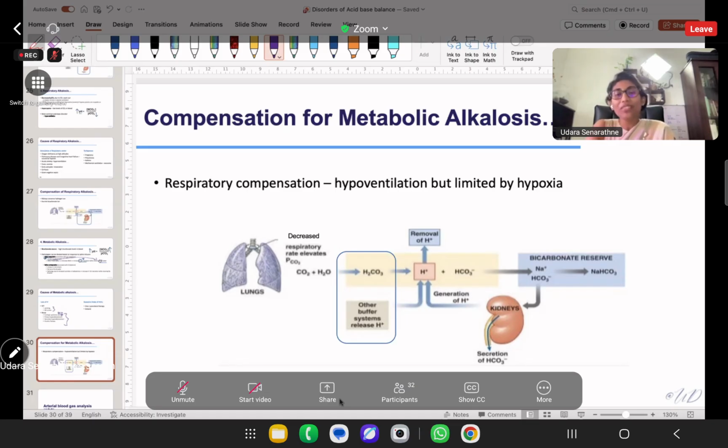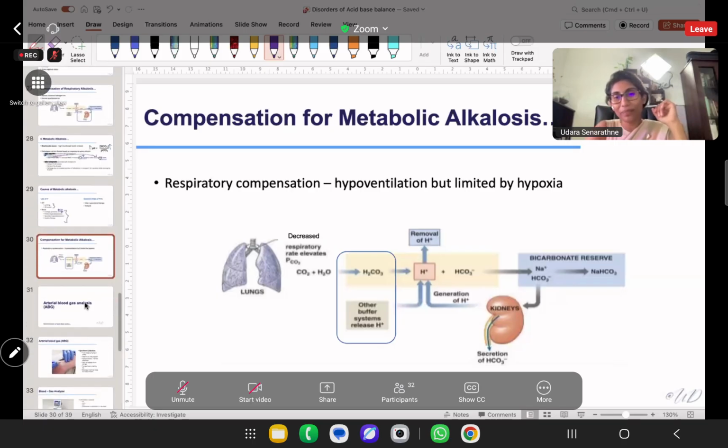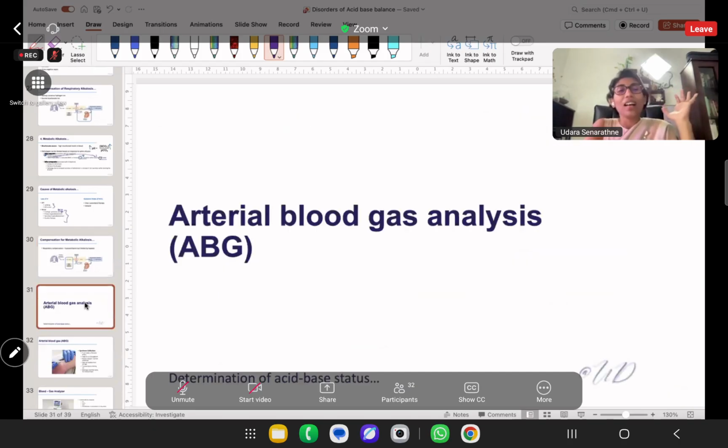That is by reducing the respiratory rate. Can you go on doing that forever? No. Therefore, it's going to be limited at one point. So you can do it to a certain extent, but not forever. So you need to understand how these compensatory mechanisms come into play in each instance.